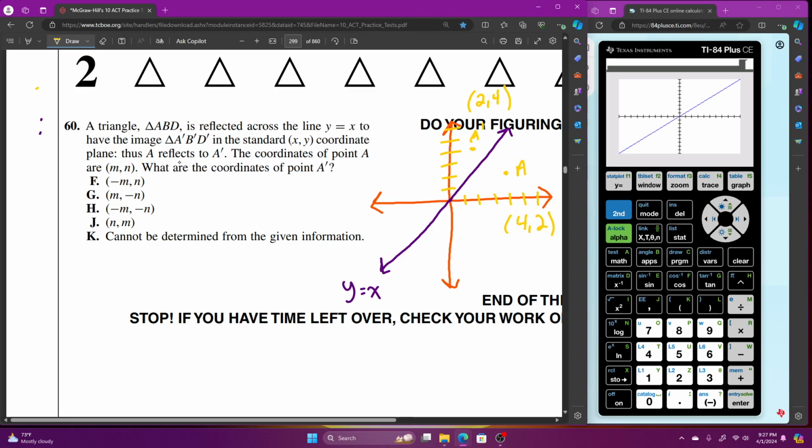So that means that for number 60, what happens when you reflect a point across the line y equals x, your x and y switch around. So M, N becomes N, M. Answer choice J is correct.